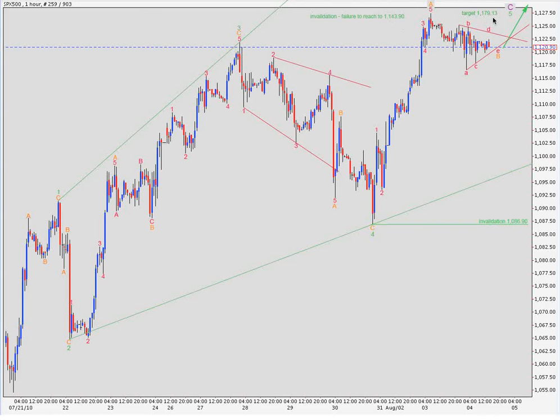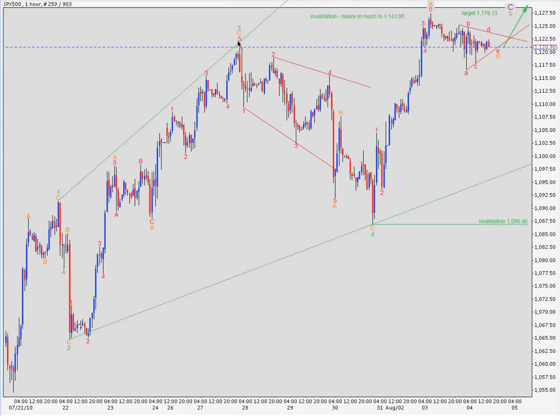My target, 1179.13, is where wave 5 green will reach 1.618, the length of 3 green. 3 green in relation to 1 green here is just 2.54 points short of 1.618, the length of this wave 1.